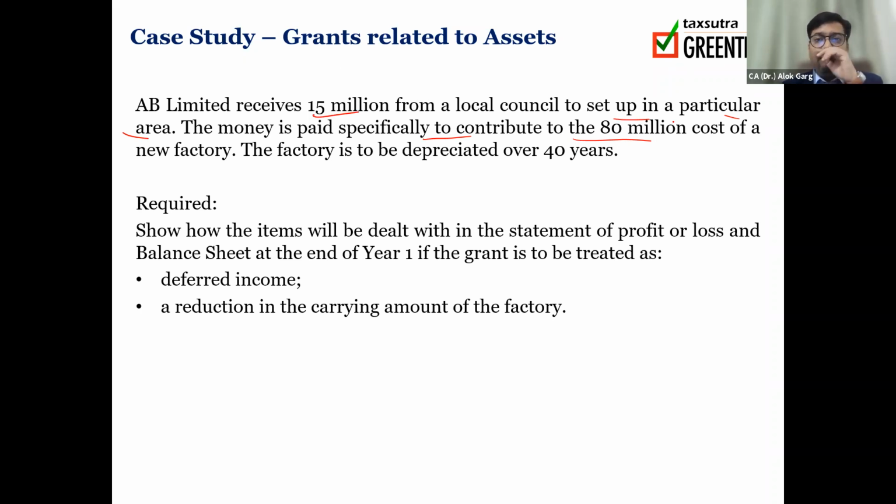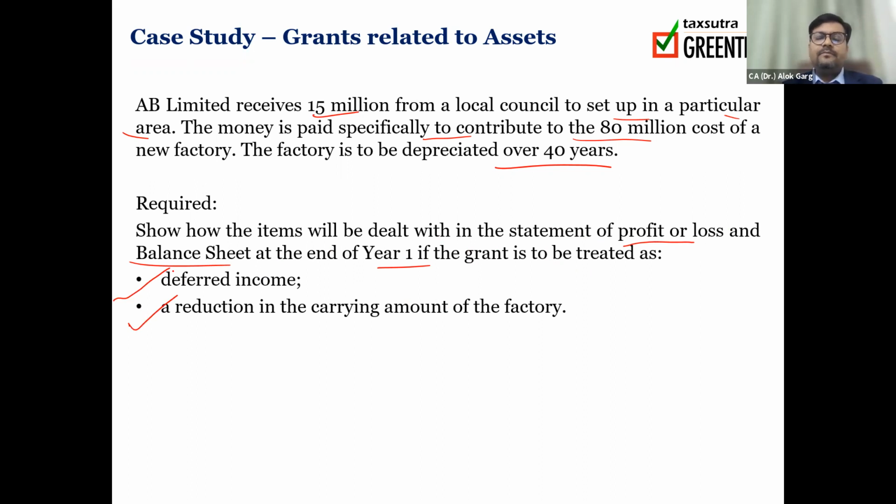Because the company has already constructed a new factory worth rupees 8 crore, and the government is providing support of 1.5 crore. The life of the factory is 40 years. You are required to present how this item will be dealt with in the statement of profit and loss and balance sheet at the end of year 1 on both approaches, gross approach and net approach.